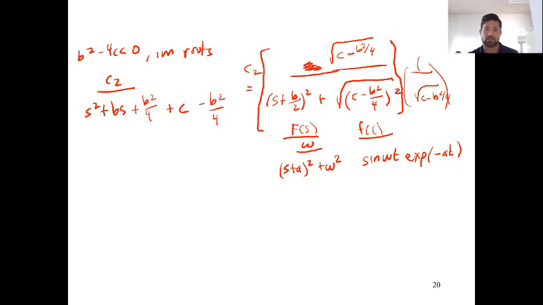So again, I had to complete the square to make this term look like an s plus a squared, and then plus a constant squared. If this is the case, then I can convert between these two, and then I just have this constant out in front. So going back, if this has imaginary roots, we know it's going to have oscillations.